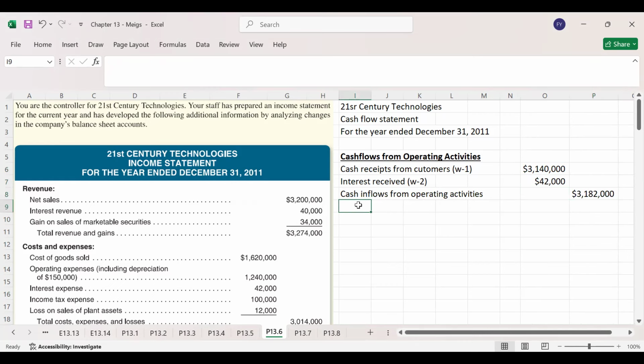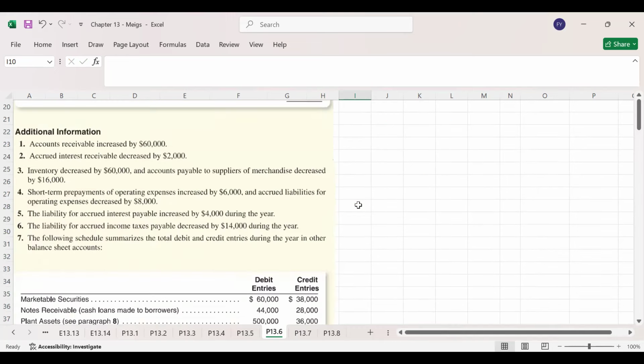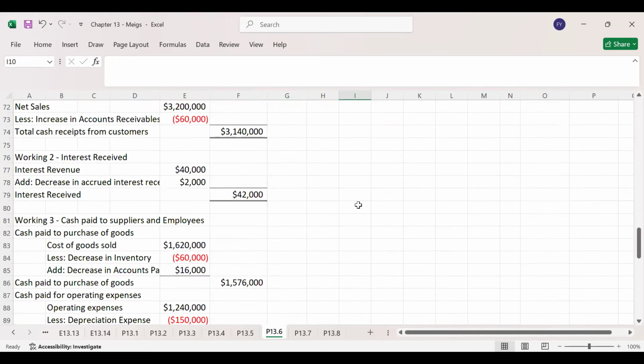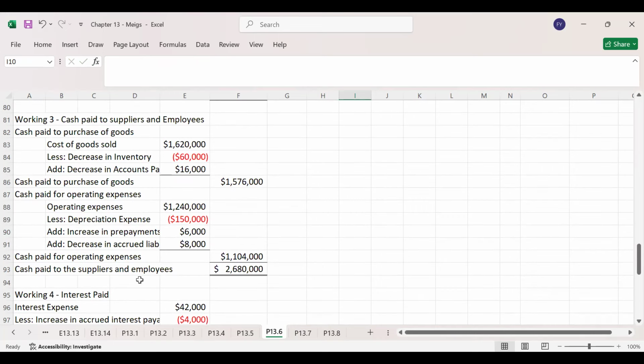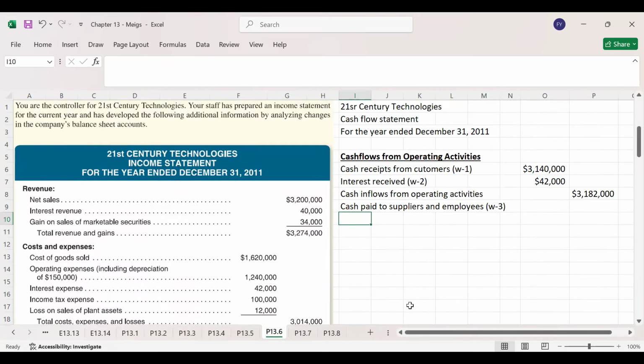Then we paid cash in several activities. So first of all, we have cash paid to suppliers and employees, which is in working three, and we can check here in working three, you can see the total cash paid to the suppliers and employees is 2.68 million. So here we have in the inner column 2.68 million.